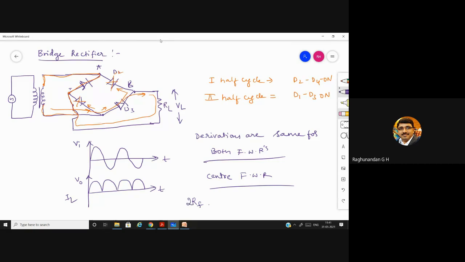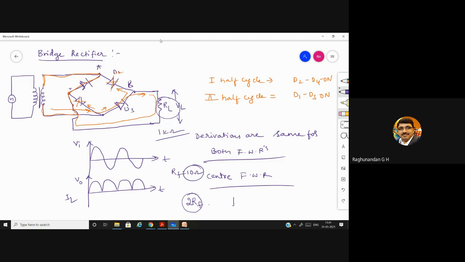Wherever you have RF, you just add it as 2 RF. But even after adding 2 RF, it will not change anything because RF will usually be 10 ohm, and 10 ohm is nothing when you consider a load resistance, which will be minimum 1 kilo ohm. So you can just ignore it, but while writing, you can write 2 RF.